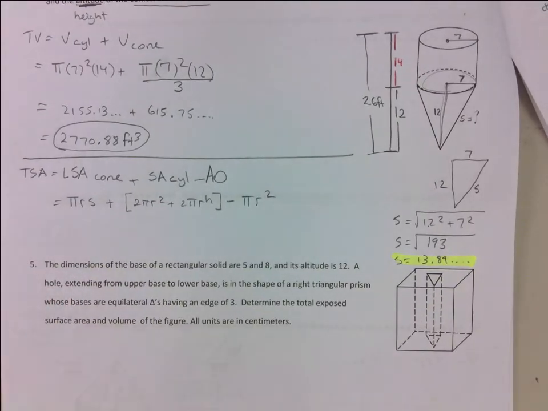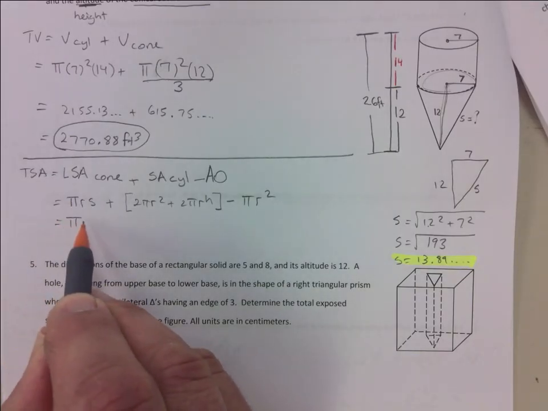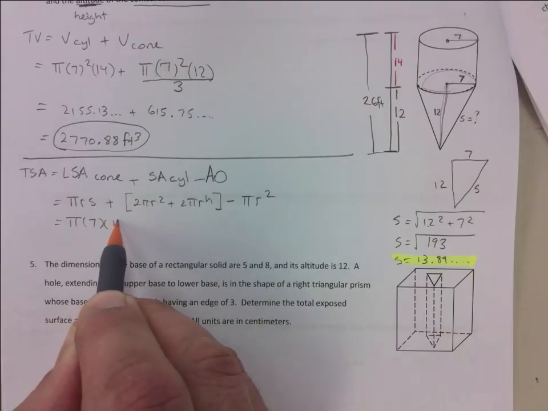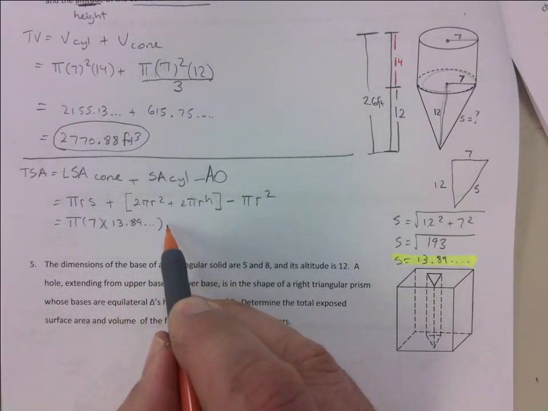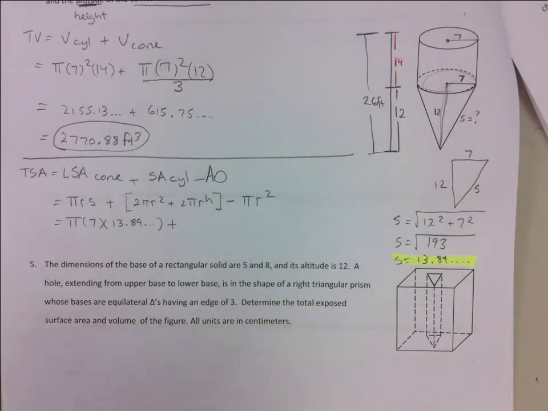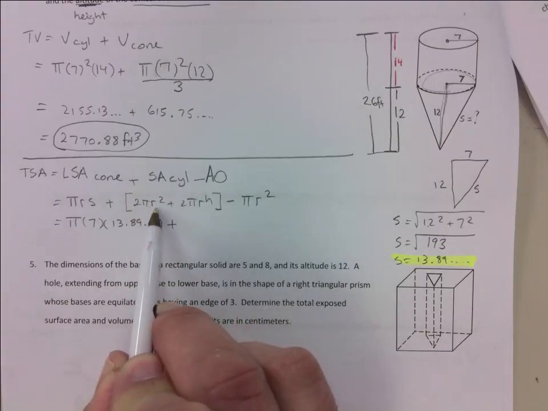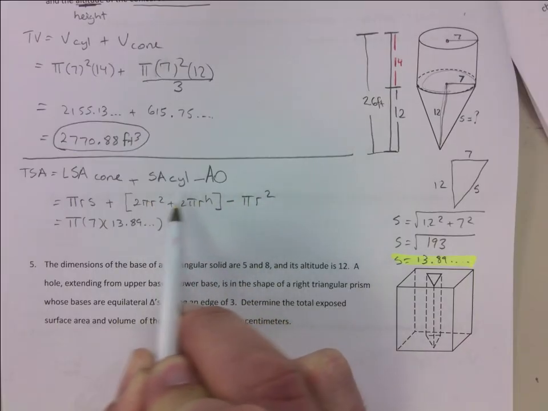Why am I writing out the formula here and not otherwise? Sometimes I find it's just better to write out the formula. So it's pi r s, so the slant is 13.89 dot dot dot, plus, let's see if we could do some magic here. These are the same circles, right? The 2 pi r squared and the pi r squared here, we're talking about the same circles, right?